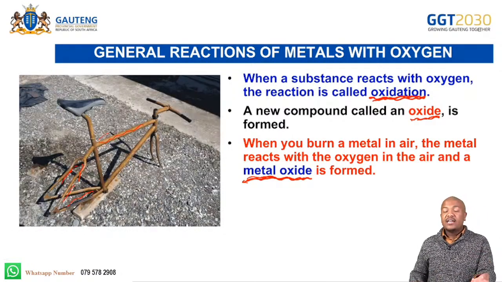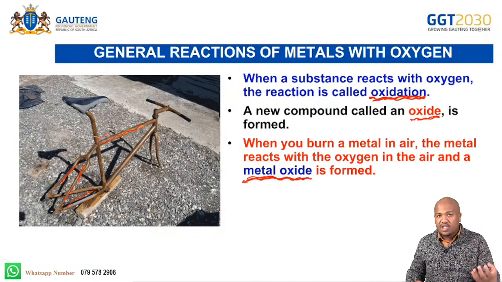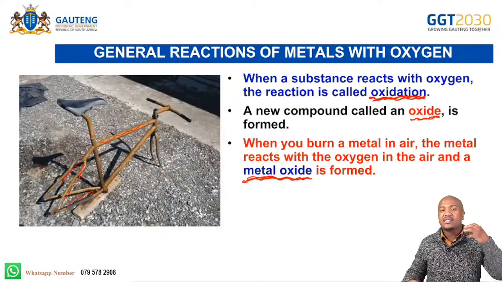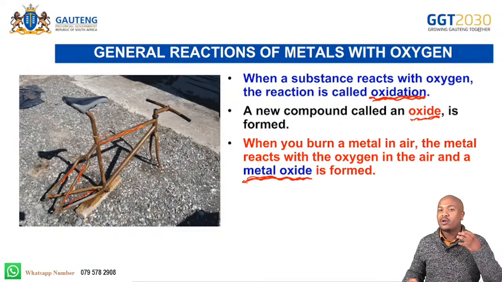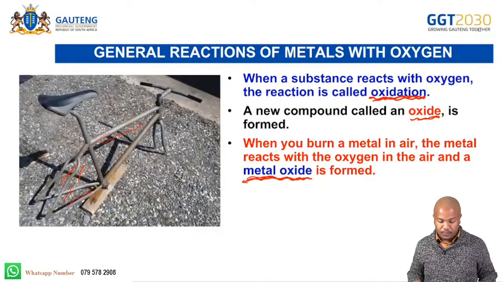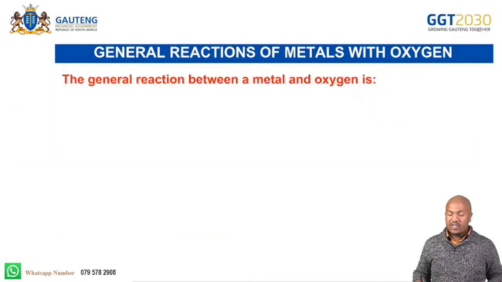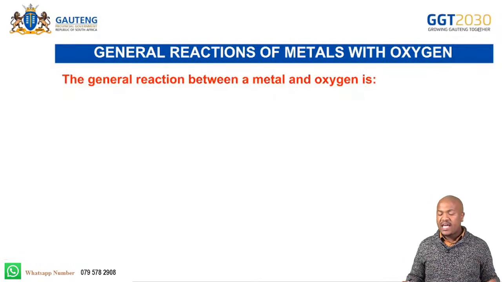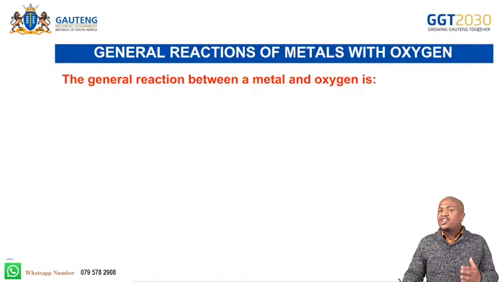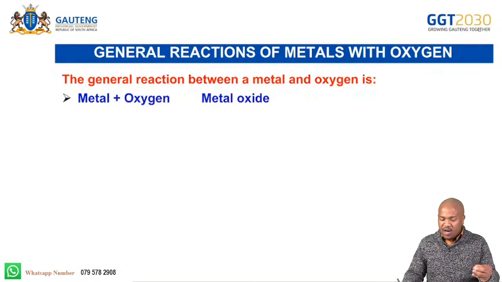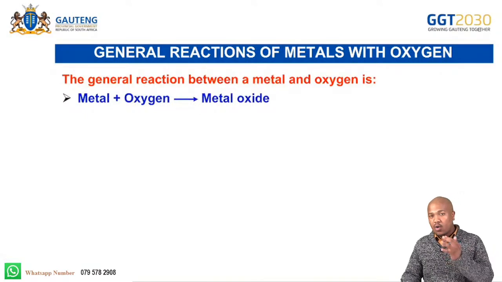So now looking at this, the color has changed, to prove that it has reacted with oxygen and produced a certain metal oxide that we're still going to talk about. So this is the general reaction between a metal and oxygen. Just to remind you, the general reaction of a metal with oxygen is metal plus oxygen to form a metal oxide.